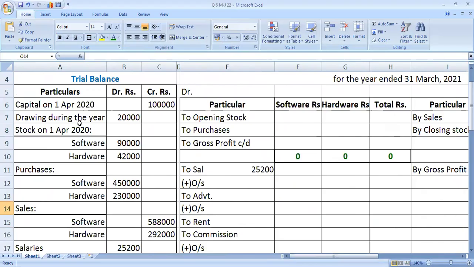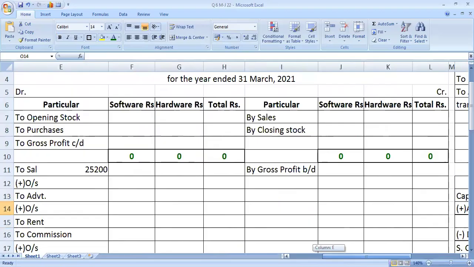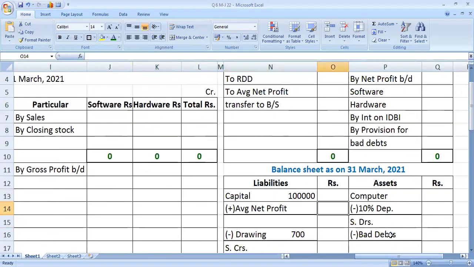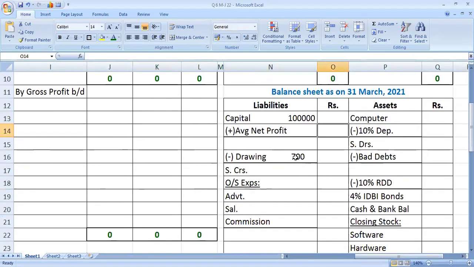Second item, drawing during the year 20,000. Drawing is deducted from capital on the balance sheet, liability side.